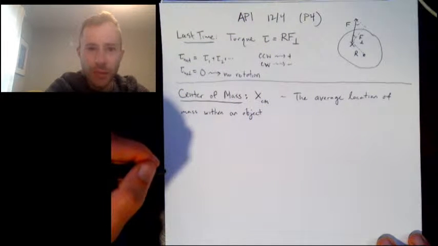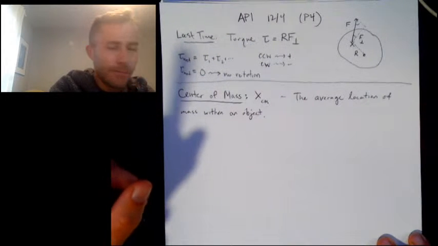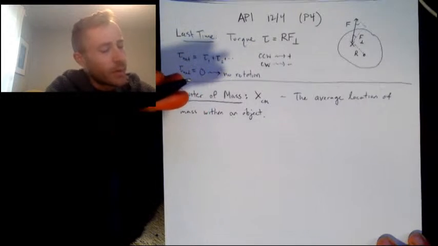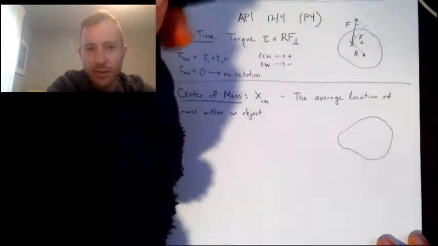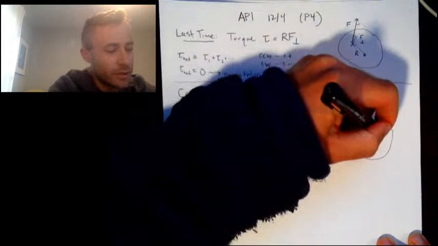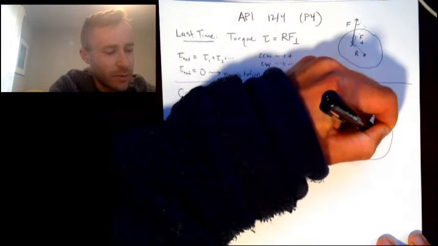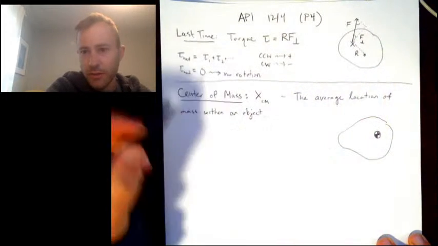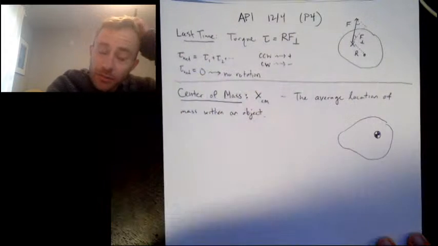Okay, average location of mass within an object. Typically, if you have a blob, for example, the symbol for center of mass is like the BMW sign. So if I drew something like this, that would mean that the center of mass is at that location. That's kind of the engineering notation for center of mass.